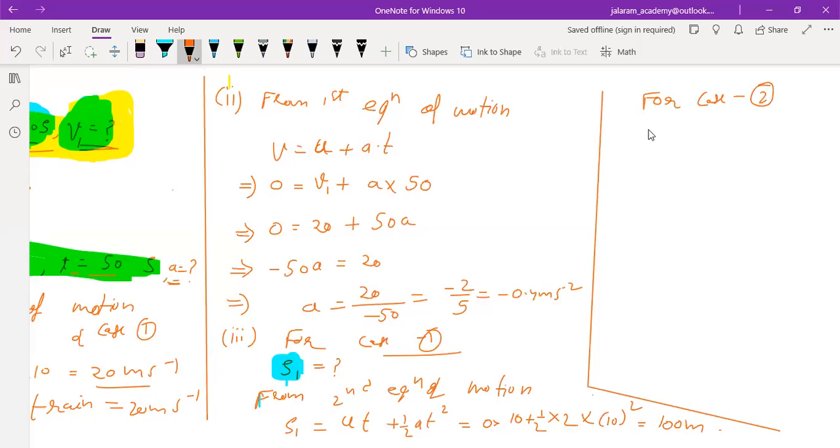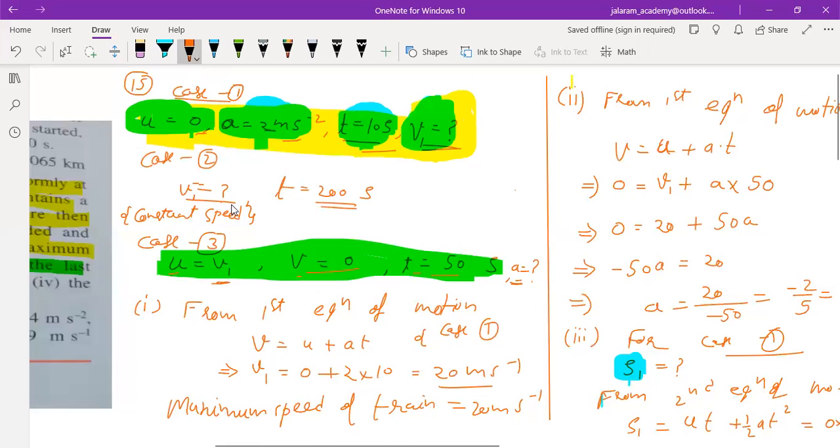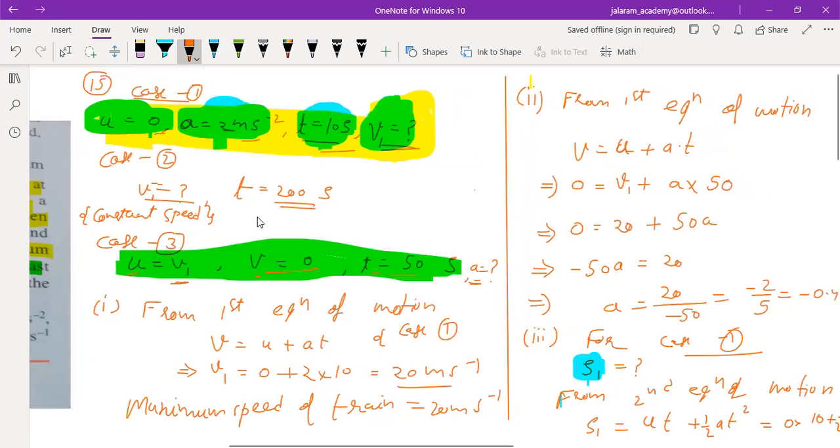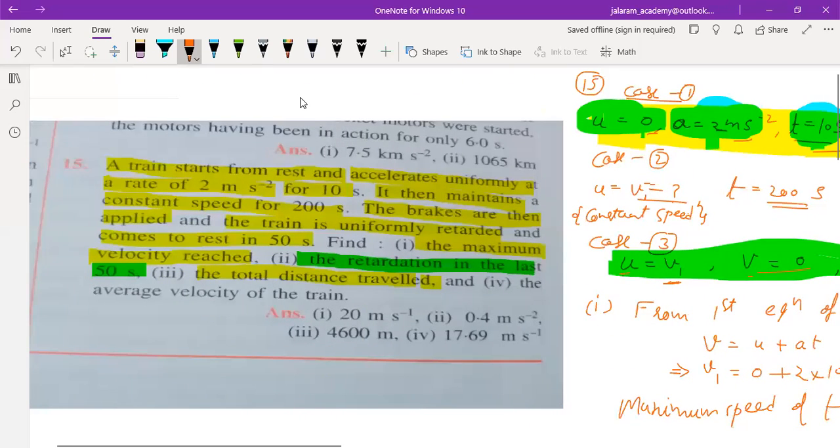For case 2, if we assume that displacement is S2, and again we want to use the second equation of motion, but in this u, initial velocity, is given. What is the initial velocity? It is equal to v1. And what is the final velocity? This is also equal to v1, as it is moving with the constant speed for 200 seconds.